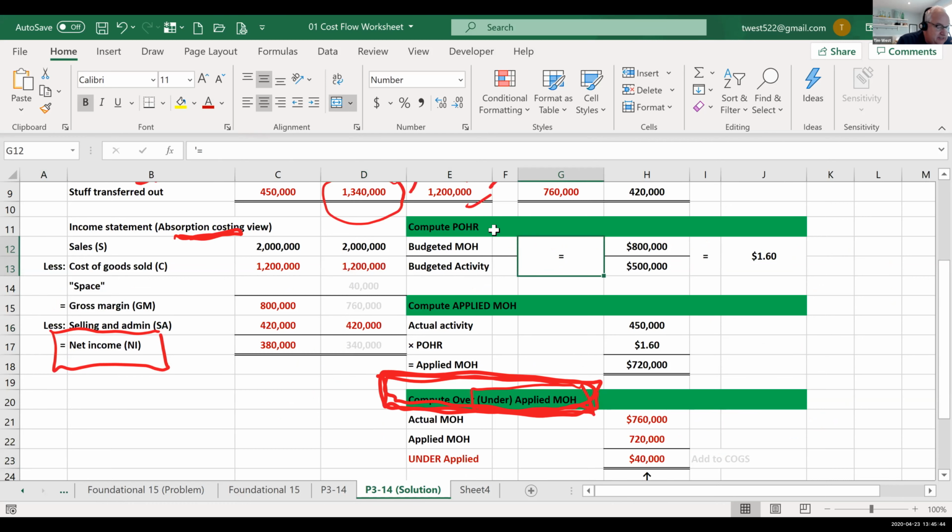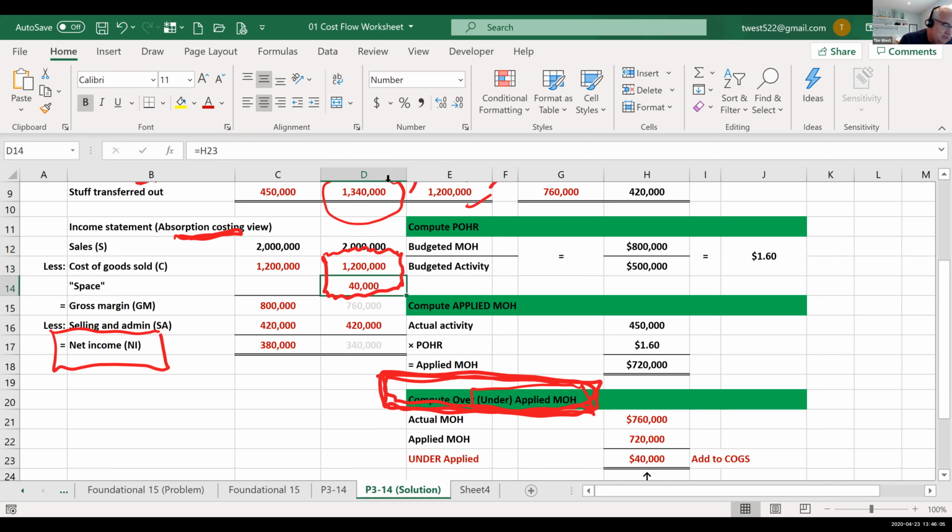The challenge is I need to adjust cost of goods sold for over and under, okay? In this case, for the under applied. And as Eric said, that's going to get added to cost of goods sold. So I put the 40 in here.